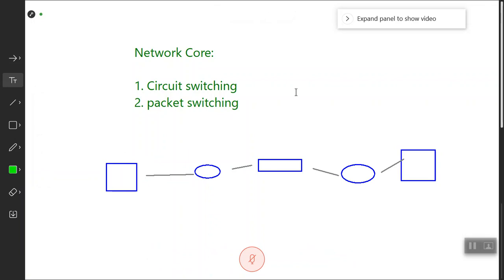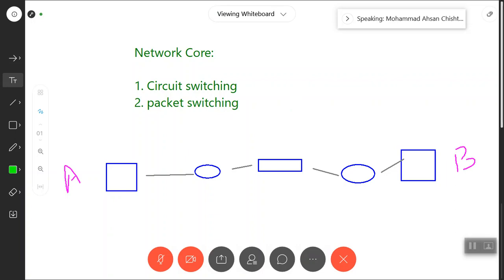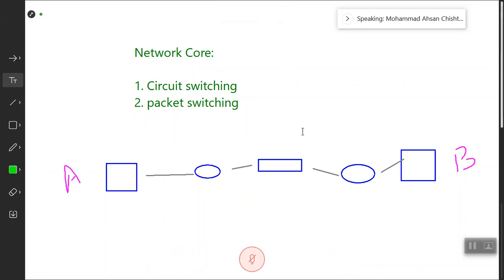In this circuit switch network, if we are doing transmission between, in this case, the two devices, that is A and B, the resources needed along a path, what are the resources? That is the buffers, the bandwidth, and so on. The resources along the path between A and B are reserved. Keep this term in your mind. Reserved resources for circuit switch.